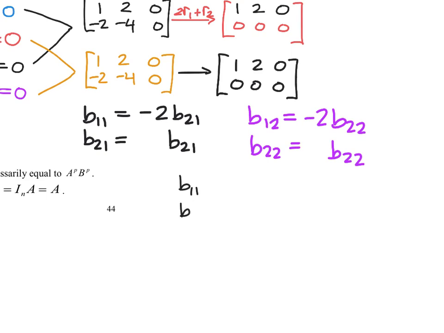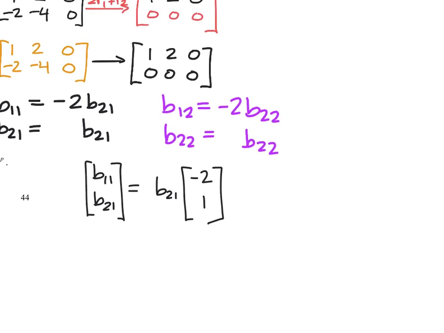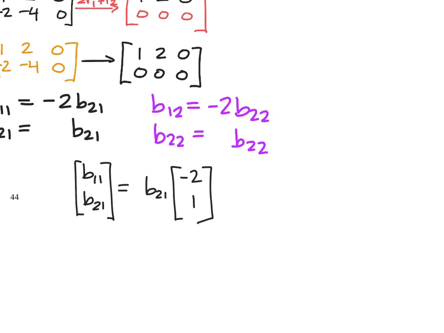B11, B21 would be equal to B21 times negative 2, 1. And then B12, B22, so that'd be the second column of my B matrix, would be B22 against negative 2, 1.